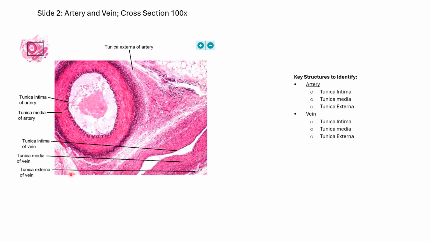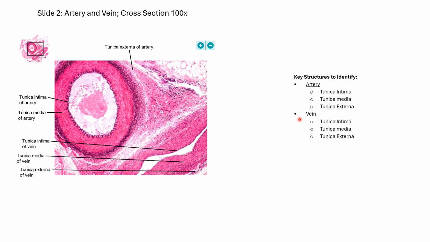Now this is a bigger slide. Now let's see. This is an artery and this is a vein. So first of all, we have identified the artery and the vein. Now we have to go over the different parts which we can see under the microscope. Our vessels are made up of tunica intima, tunica media, and tunica externa.